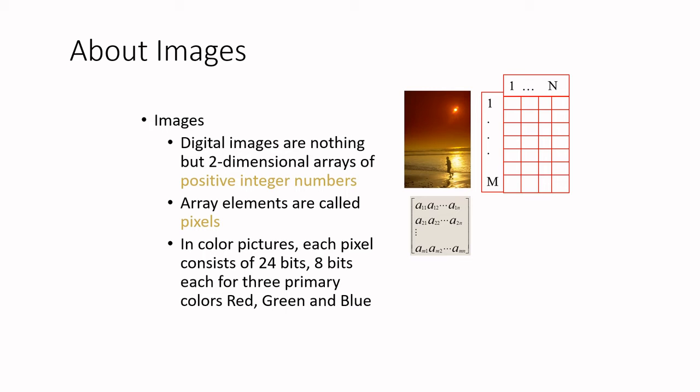One can take this image and divide it into a number of small rectangular blocks. If you divide the image into n blocks going across and m blocks going down, then the size of the image is going to be m by n, and an element of the image could be represented as aij, where i will vary from 1 to m and j will vary from 1 to n.